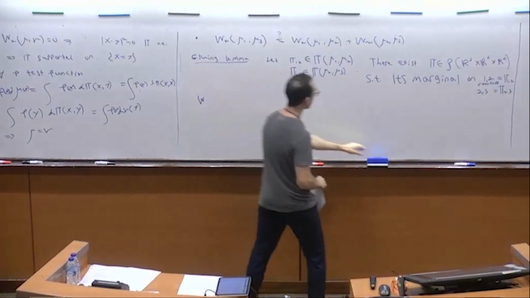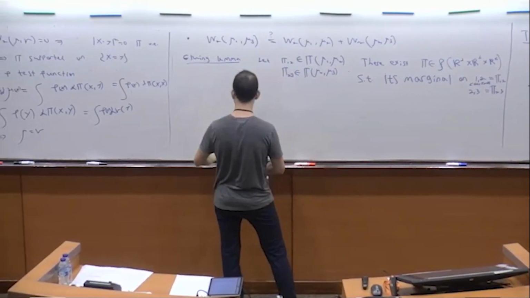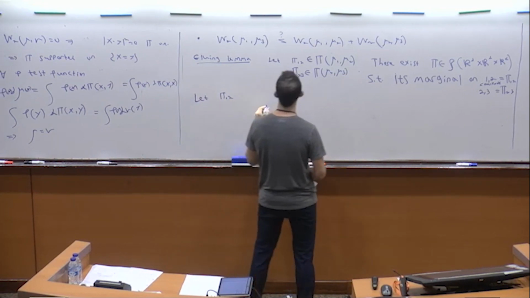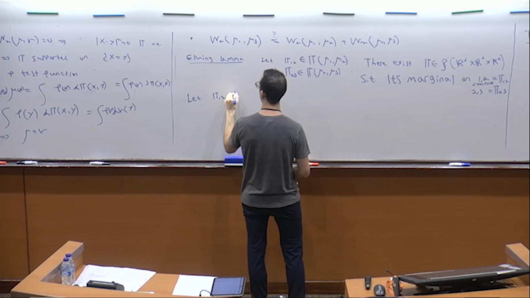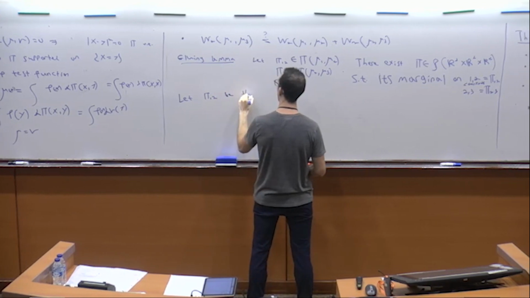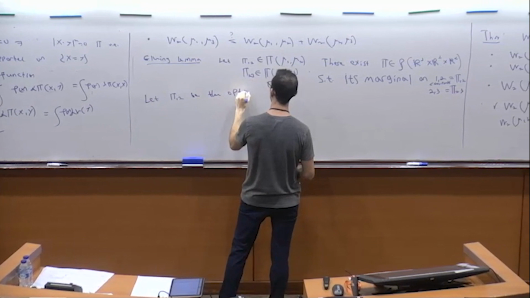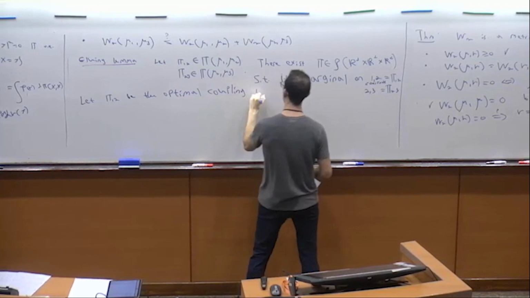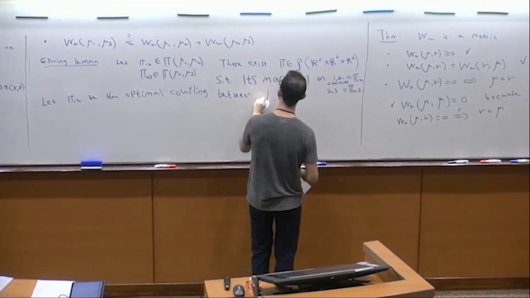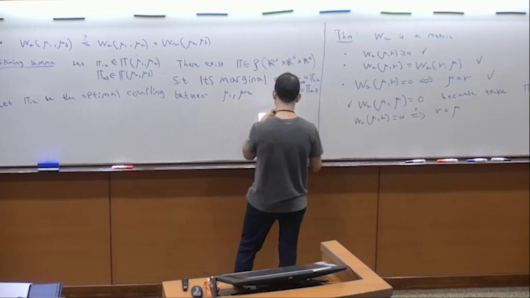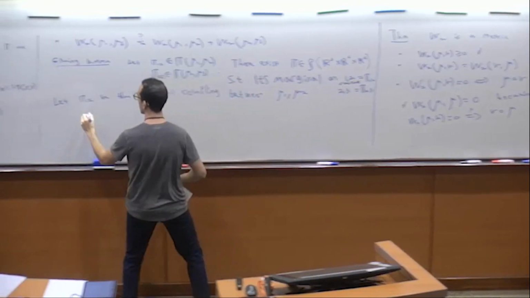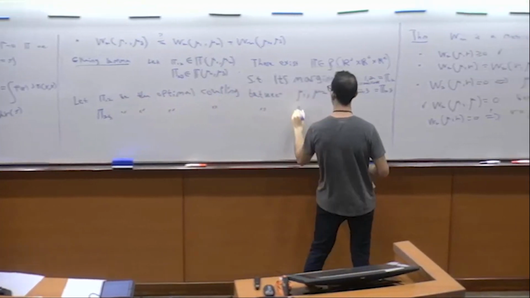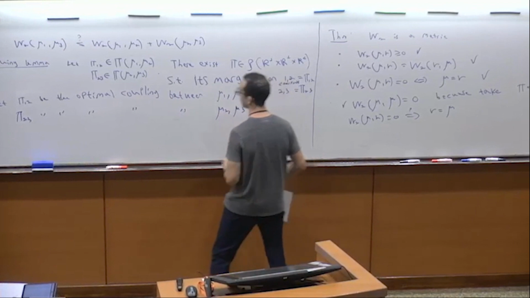So the way we do it is as follows. Let's take pi 1, 2 to be the optimal coupling between mu1 and mu2, and similarly pi 2, 3 the optimal coupling between mu2 and mu3.